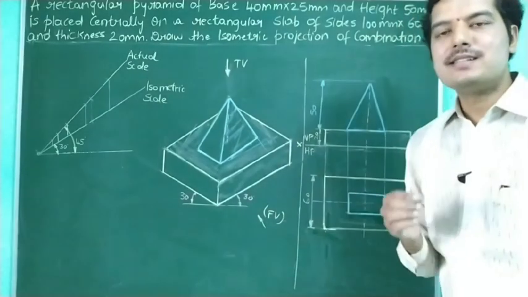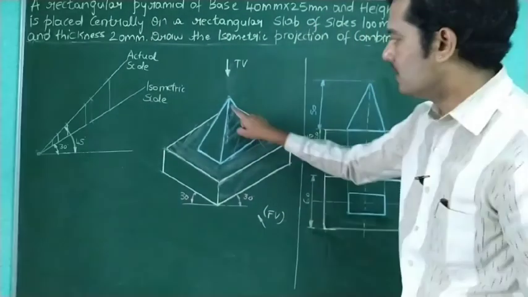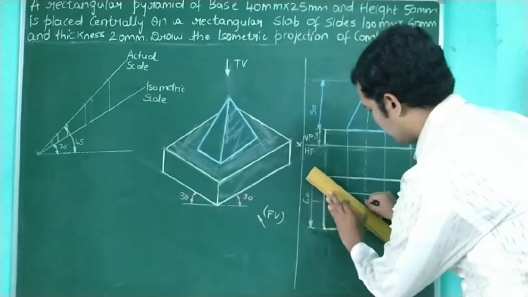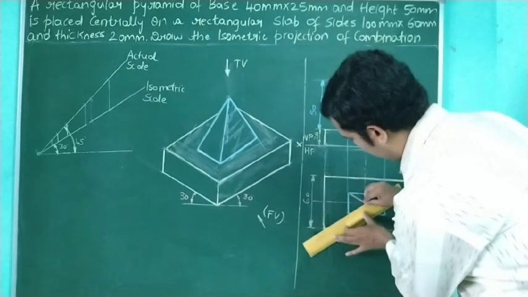And since this is the rectangular pyramid, the radial lines are clearly visible. These lines are called the radial lines. So let me darken from all the points, from the midpoint to all 4 corners.